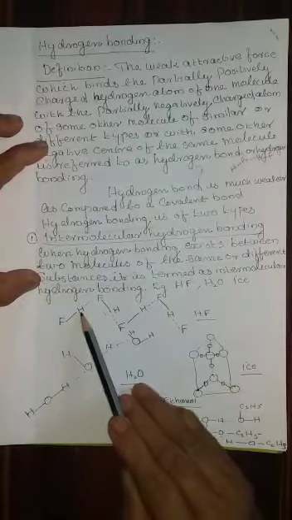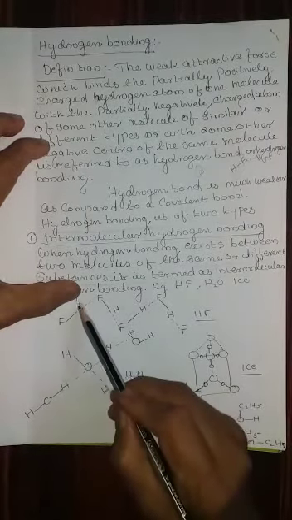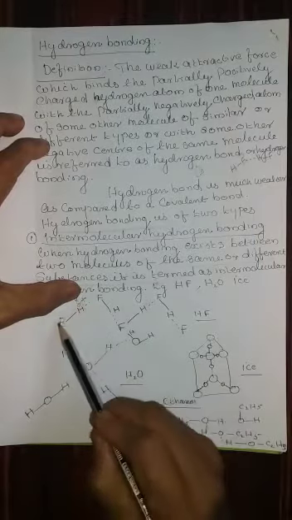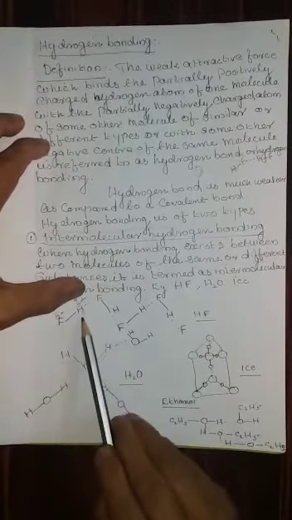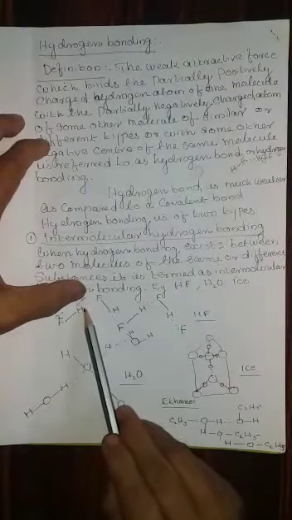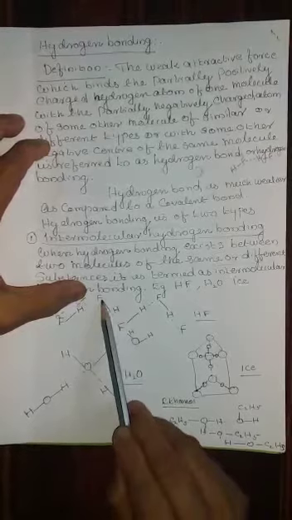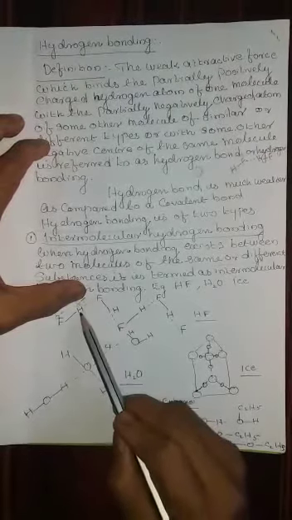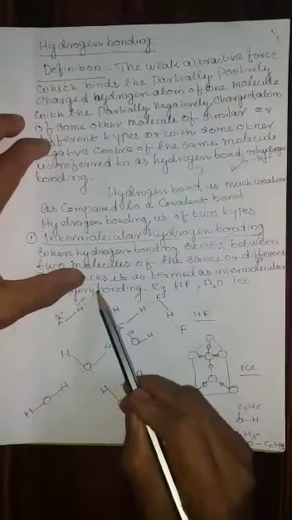Hydrogen fluoride HF can be written like this. But this hydrogen attains a partial positive charge and this fluorine attains a partial negative charge. Therefore, this partially positively charged hydrogen, with another molecule, this is another HF, this F comes and forms a bond. That is, this F is partially negative.